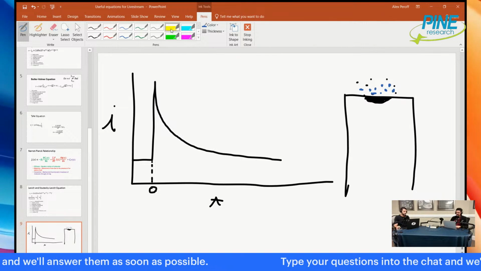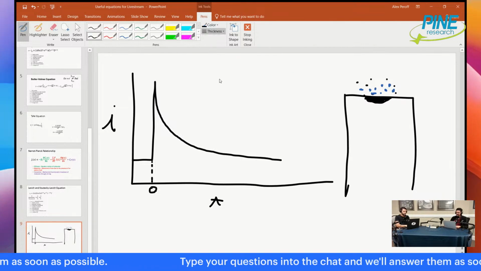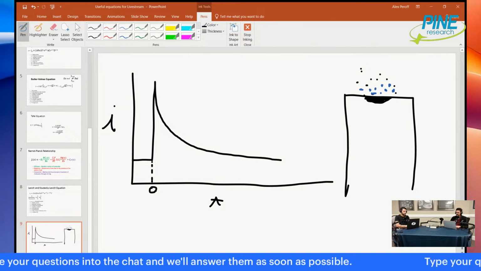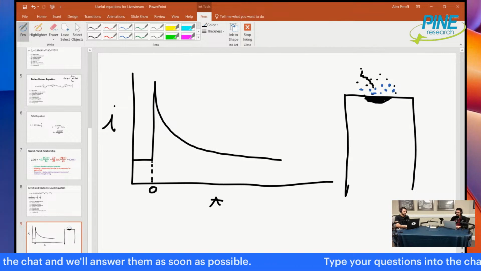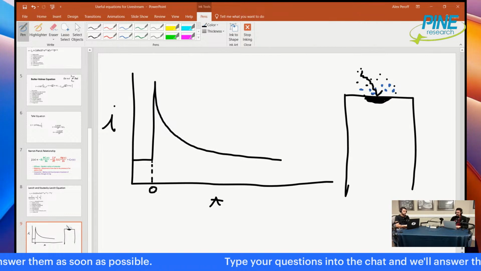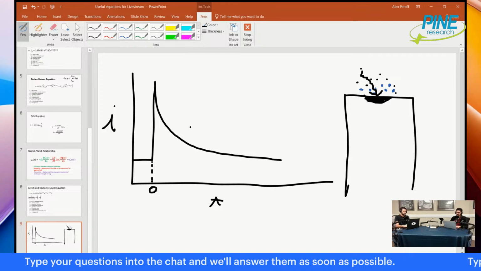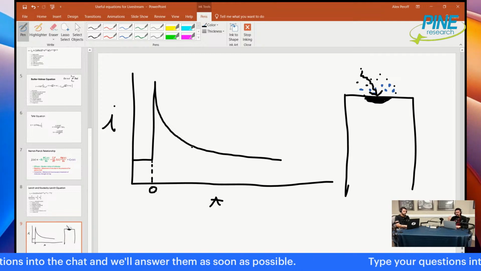So now it takes longer because for me to actually oxidize, I need to wait for a molecule here to diffuse towards this electrode surface, and it takes longer, right? And that's why the current decays, because the current represents a rate.